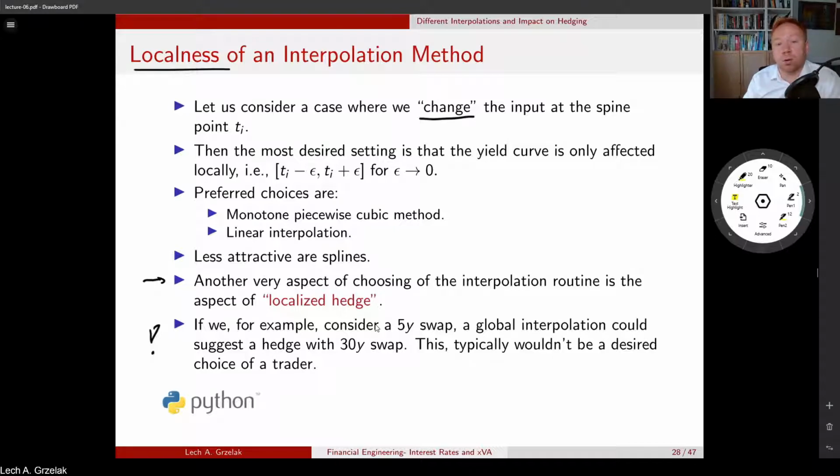If it is global, this means that a shock on the curve in one place would also impact instruments which are far away from that spine point. So this is the difference between the two. It will be very clear in a minute once we look at the Python experiment, where we'll experiment ourselves with the different interpolation routines and their impact on hedges.